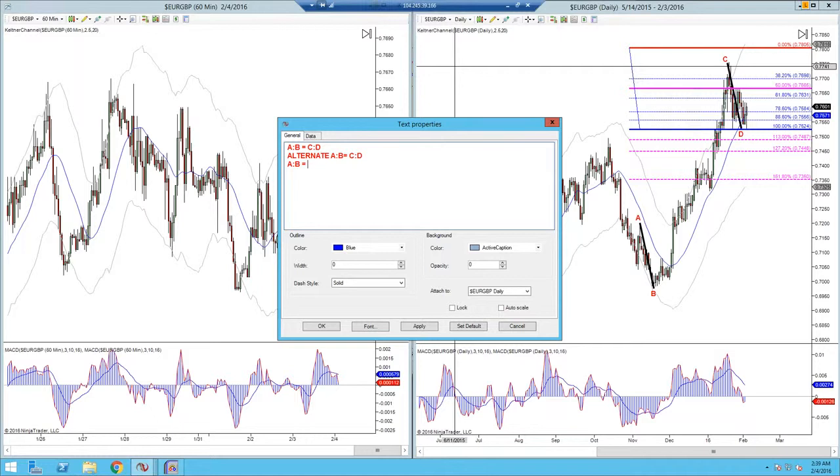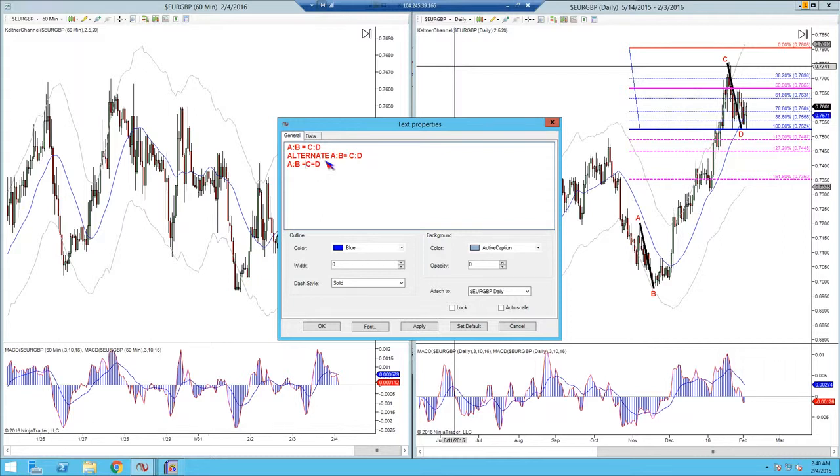So A to B is equal to C times 0.886 equal D. So if the market went from A to B, if this is 10 points and the price came here, it would look like an A to B and then C times 886 equals CD. We could do it either like that.